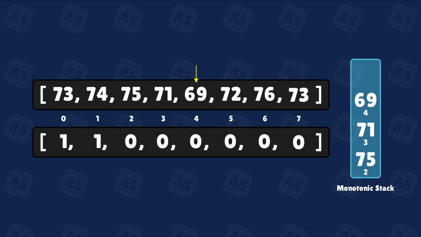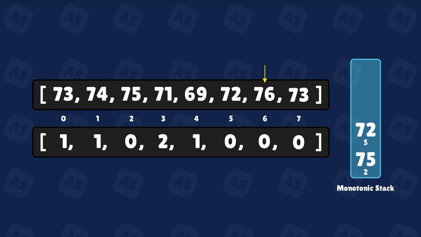Now, let's go to the sixth day. When comparing it with the stored elements, we notice something interesting. It's a warmer temperature for 2 previous days. We set the results for both the 5th and the 4th days, remove them, and finally save the 6th day.